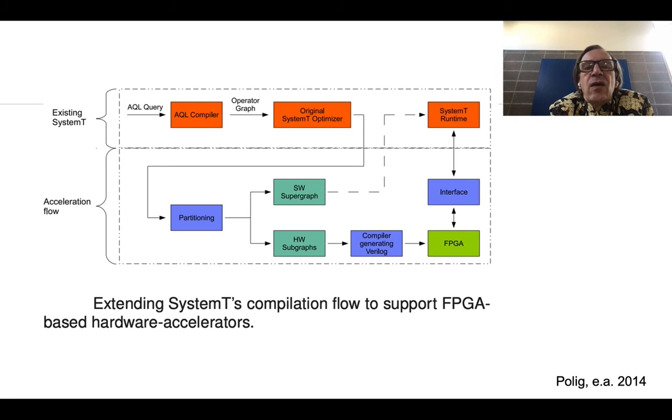They are then automatically compiled to generate the code for the FPGA, and runtime combines both the software and hardware FPGA-based execution to do the equivalent thing of the original System T evaluation.